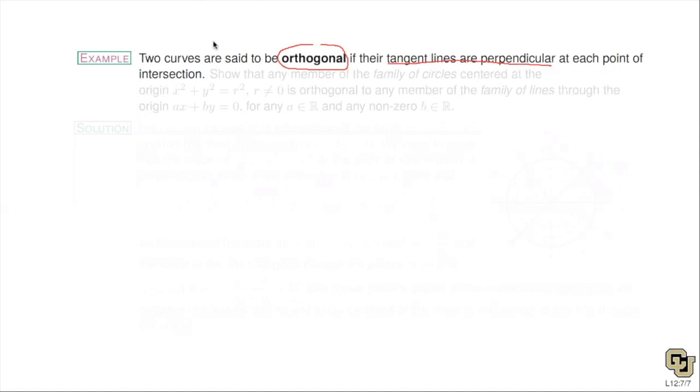So let me draw a picture just to give you an idea of what exactly we mean. Suppose I have one curve like this, and suppose I have another curve, I'm going to draw it like this. Now, let's compare their tangent lines.